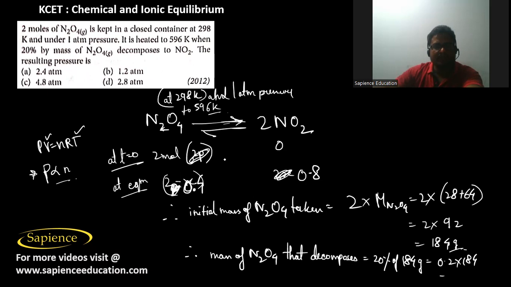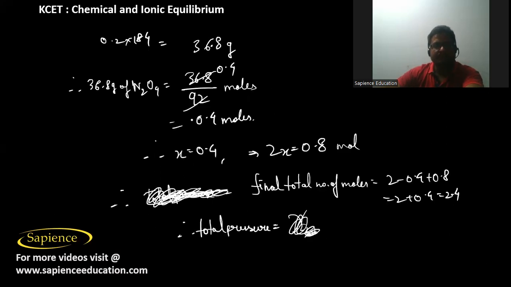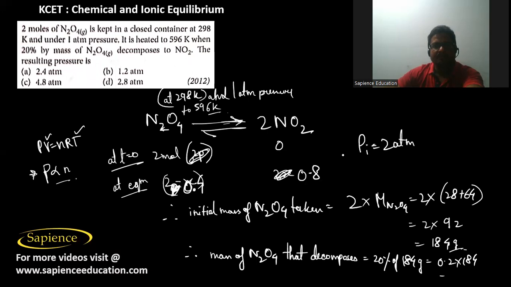So now the initial pressure is 2 atmosphere. The temperature has increased to twice the initial value.